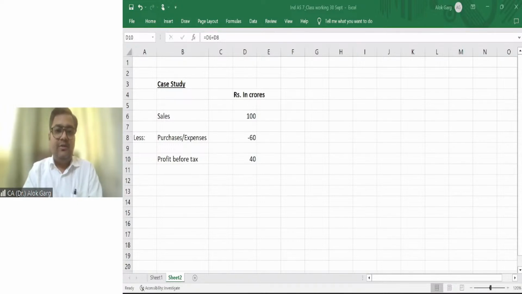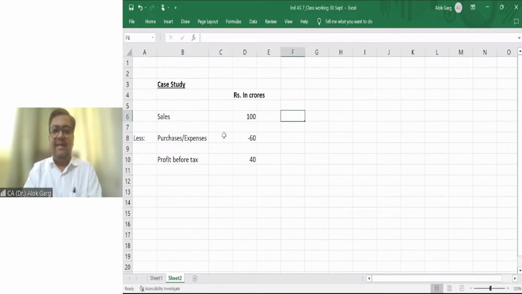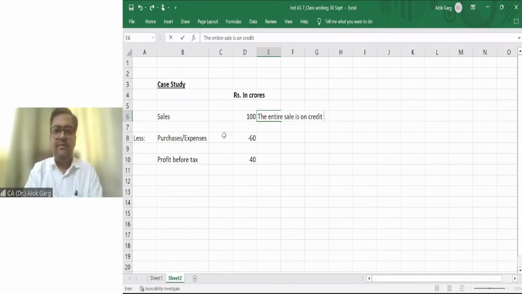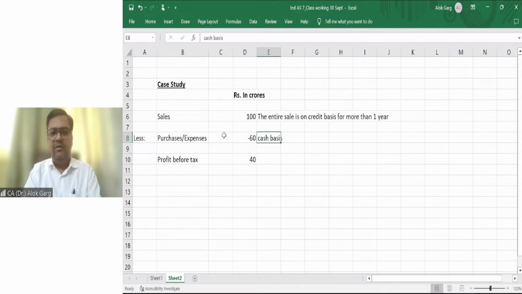Assuming the entire sales of this company is on credit basis, for more than 1 year. Meaning if you sell today, you will get the money after 1 year. The entire purchases and expenses are on cash basis. Employees need salary every month, and your vendor, your creditor, needs money on an urgent basis.